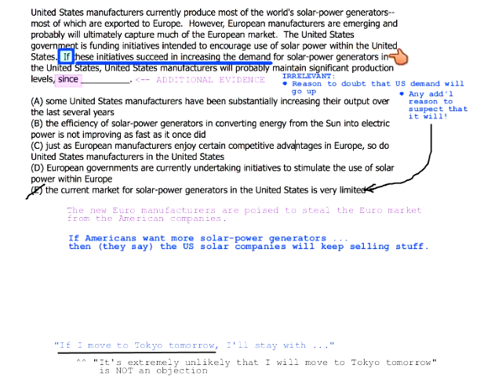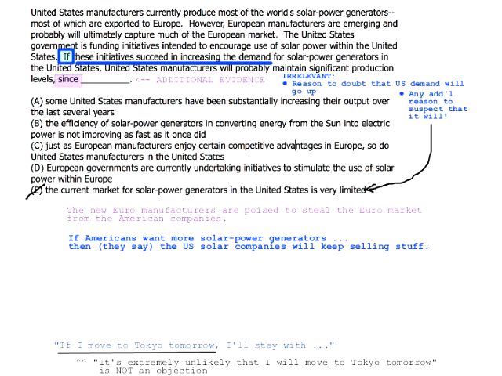Because you've got to think about the only way this argument can go wrong. If the demand goes up in the U.S., then why is it not perfectly okay just to assume that these companies will sell more stuff? What's the link there?